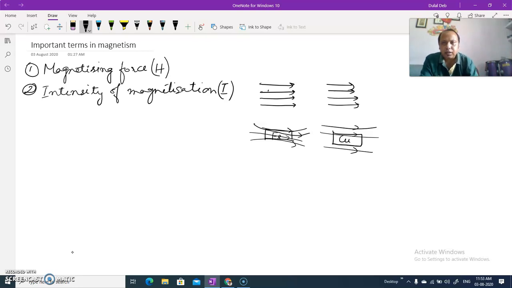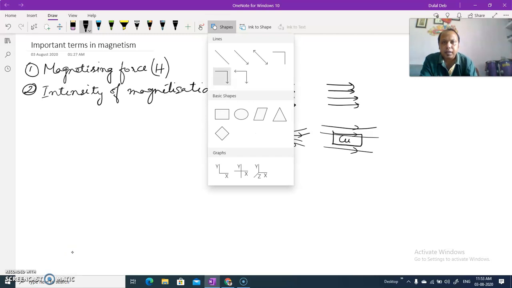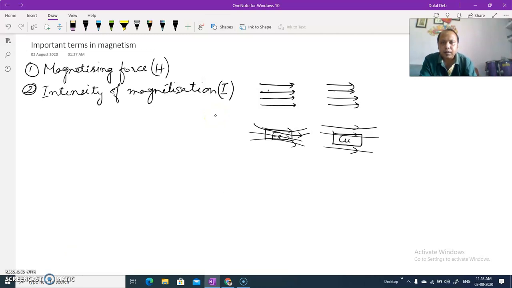Mathematically, suppose we consider a magnet here, let this be the bar magnet, and we have the south pole and the north pole inside the magnet.